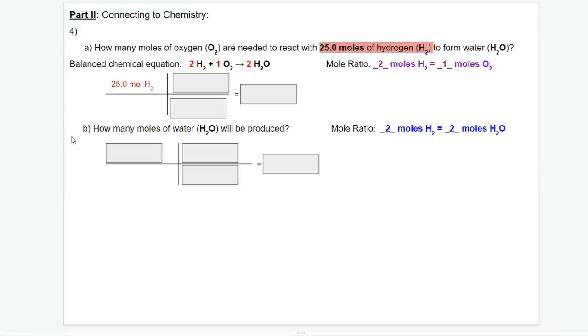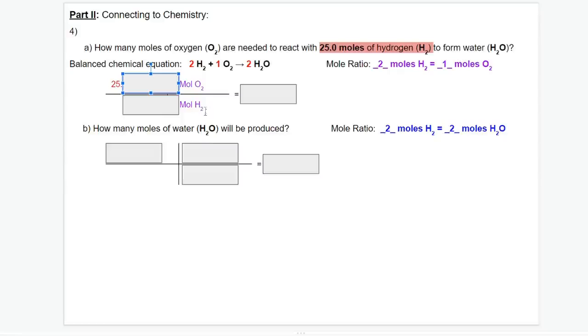Because once I start to fill out this factor label grid, I have moles of H2 in my first box. So in my first bottom box, I want to get rid of that. I'm going to have moles of H2. Here, I'm going from moles of H2 to moles of O2. So on the top box, I've got moles of O2.